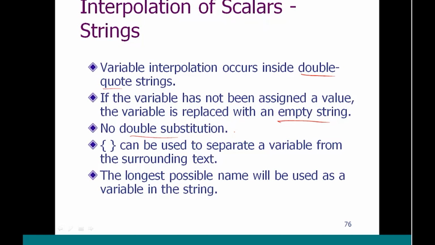Then in case you have letters that are continuous, and part of it denotes a variable, then you can use the brackets to separate the variable from the surrounding text. This will be more apparent when I talk about this next rule, which is that the longest possible name will be used as a variable in a string.